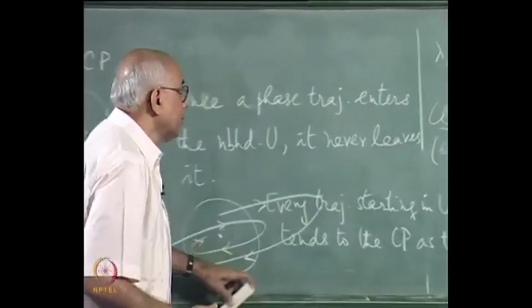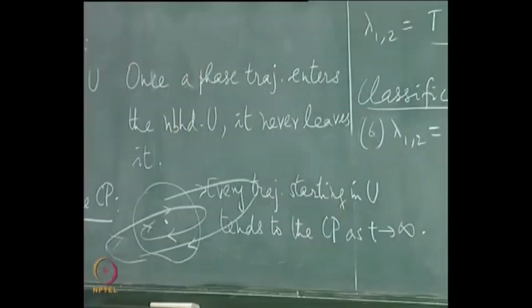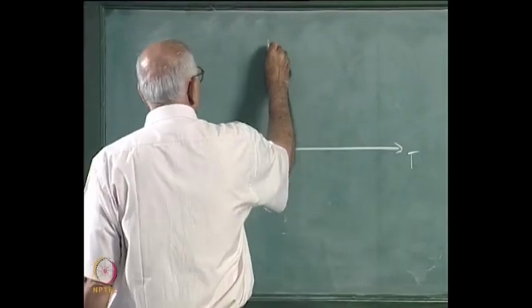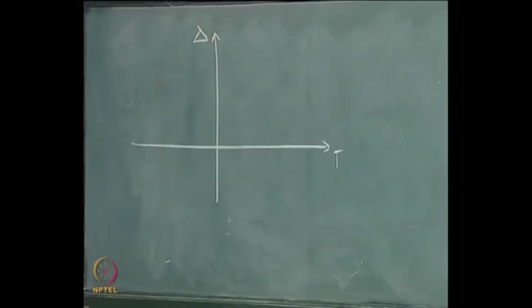Okay. Now what can we say about this classification in general terms? We can draw a little picture in parameter space. So I draw T on this axis and the determinant delta on this axis.